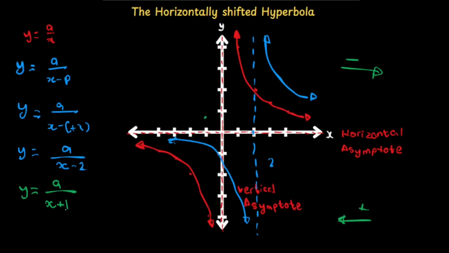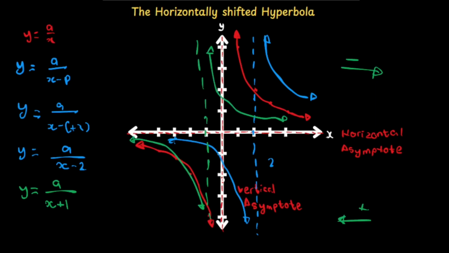And positive 1 times negative 1 will give me a value of negative 1. And look at that. That is the correct value for the vertical asymptote of this function. I'm going to sketch that in quickly for you guys. And if I were to sketch in this function, it would have a shape that looks like this.